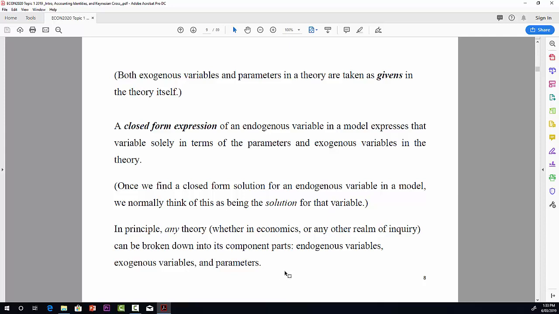So, but in general, any theory, and again in any science, can be broken into its component parts: endogenous variables, exogenous variables, and parameters.